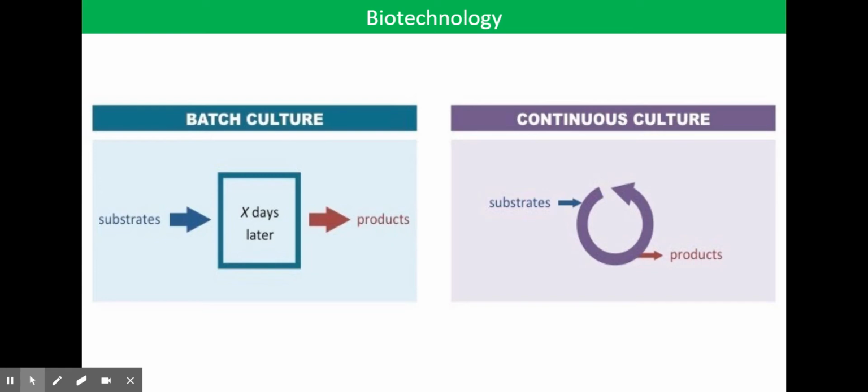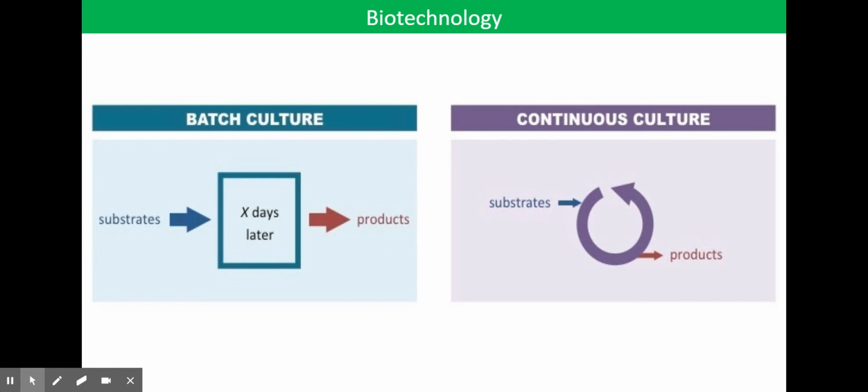The broth is topped up with nutrients, as these are used by the microorganisms. Some of the broth is removed regularly to extract the product and remove cells from the broth. Otherwise, the population becomes too dense. So this is known as continuous culture and keeps the microorganism growing at a specific growth rate.